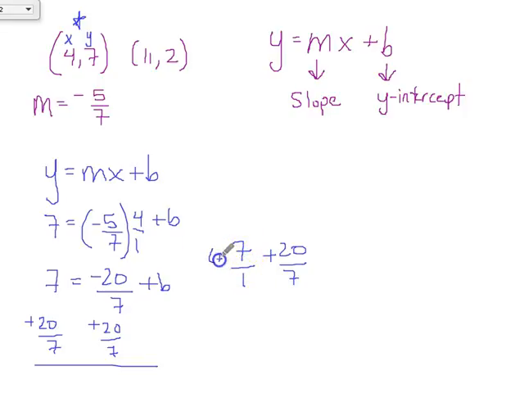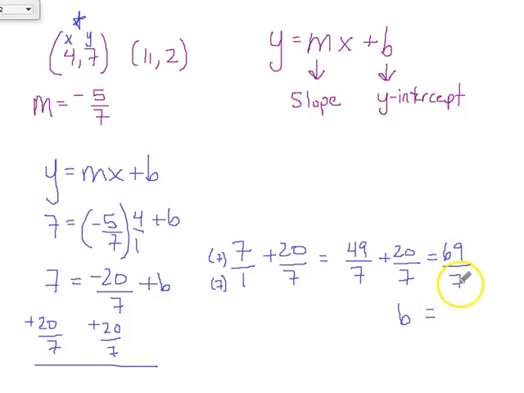So I'm going to multiply both the numerator and the denominator times 7 so that we can actually add those. So 7 times 7, our numerator becomes 49 over 7, which is the same thing as 7. Now we can add to it that 20 over 7. So 49 plus 20 is 69 over 7. And if we wanted to, we could actually divide that out and see how close it is to our original estimation on the graph of our y-intercept.